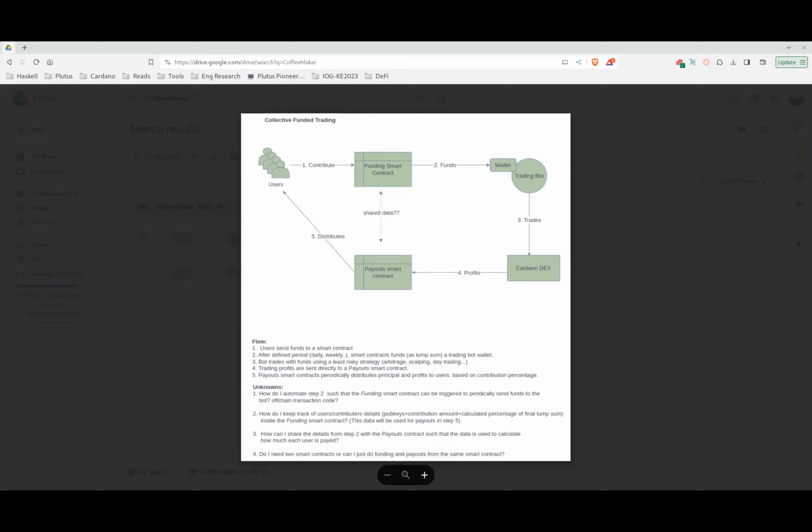Yes, that's true. In principle, you only have one smart contract. People can pay into that, and then the bot can withdraw from that to use it for trading, and the winnings go back into the smart contract. And at any time, somehow you must keep track of these percentages.